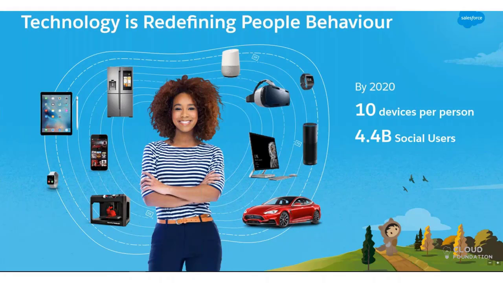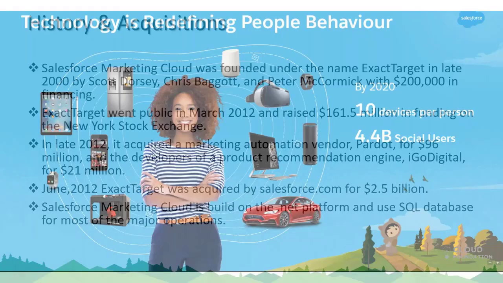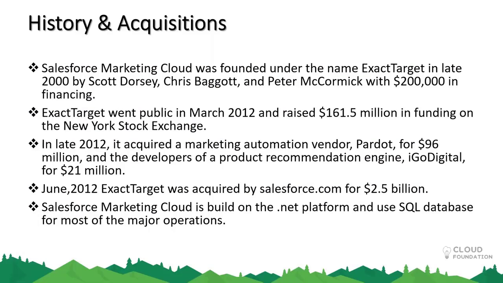I'll start with Marketing Cloud. Salesforce Marketing Cloud was previously ExactTarget, and then Salesforce acquired it. ExactTarget was founded in late 2000 by Scott, Chris, and Peter with 200,000 in financing.